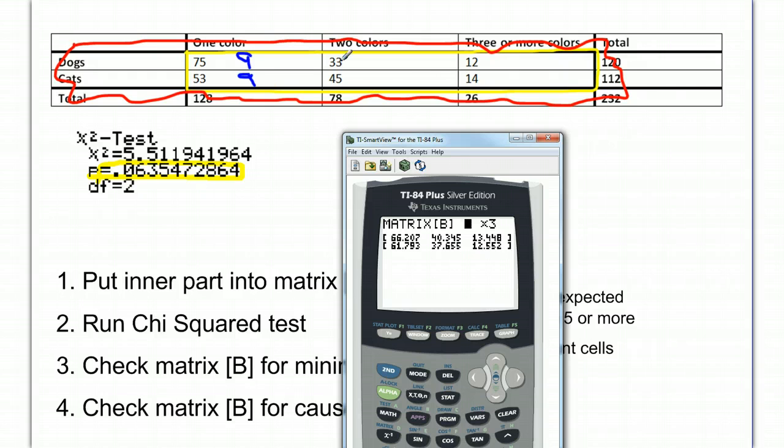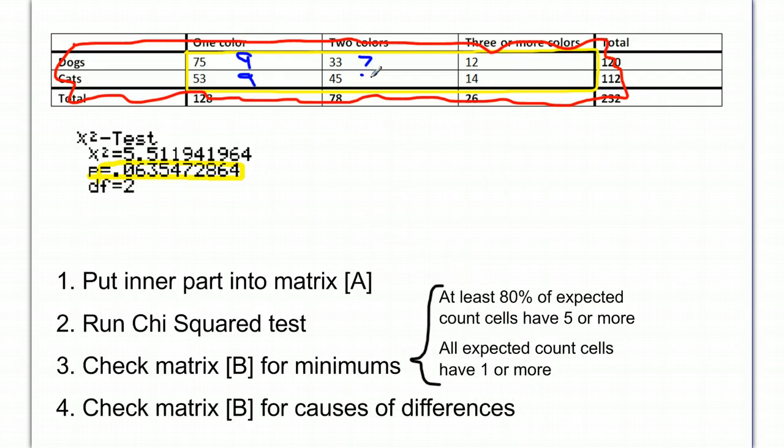40 and 33, we're looking at about 7 apart. 45 and 30, let's call that 38, would be about 7 apart. So again, a little bit of coincidence that these all happen to be the same here. And you can go through, these are about 1 apart from the expected value in the table.